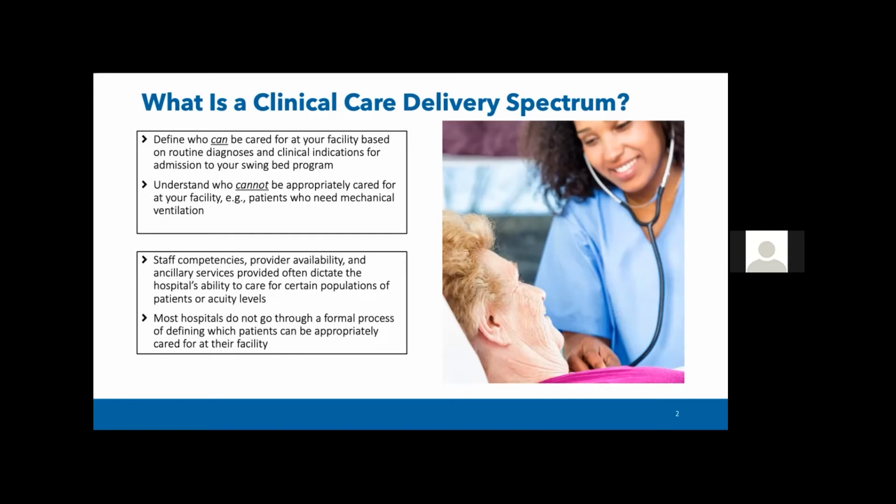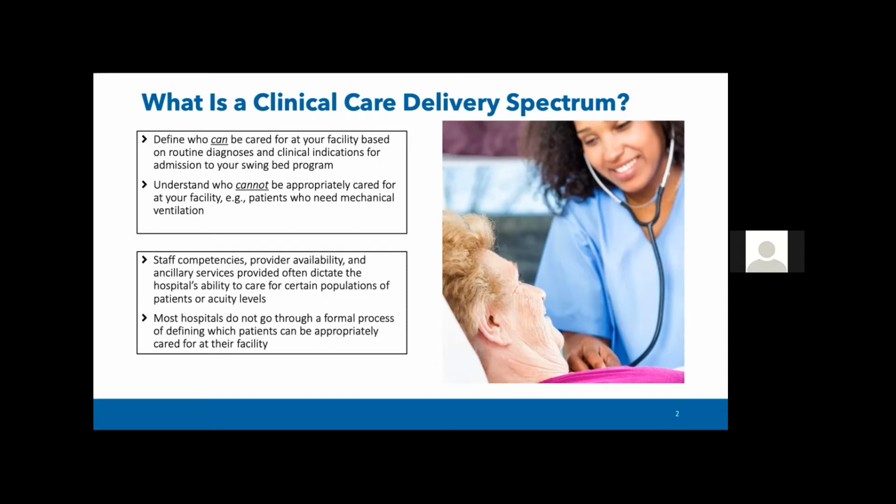But we have found that hospitals do not really go through a formal process of defining those types of patients. And again, it can be for different levels of care. You can even apply this type of clinical framework to other aspects of the organization, but focusing on inpatient is really where this tends to work and is seen more often.